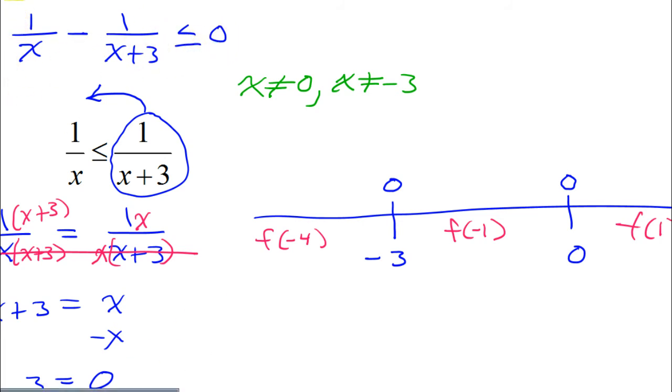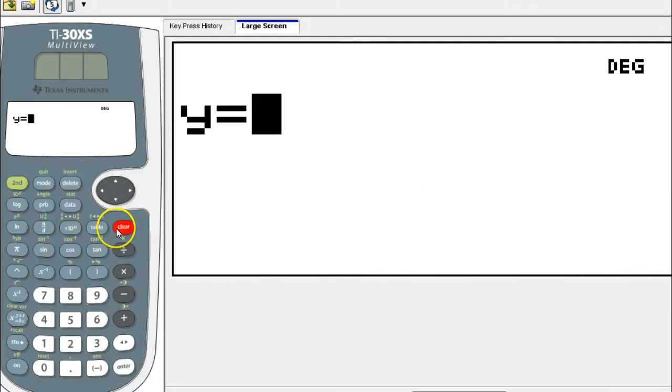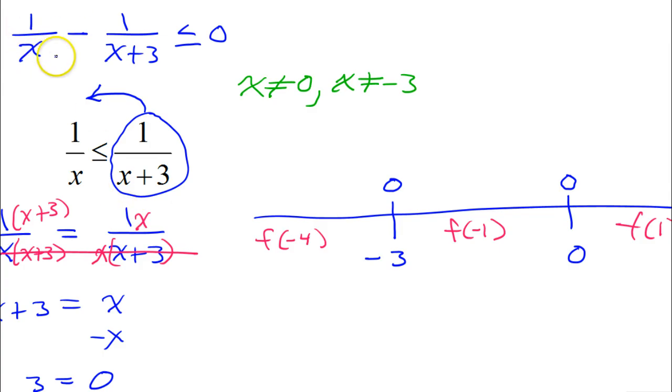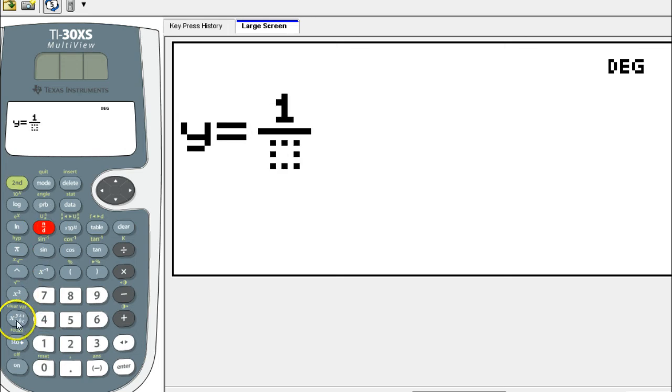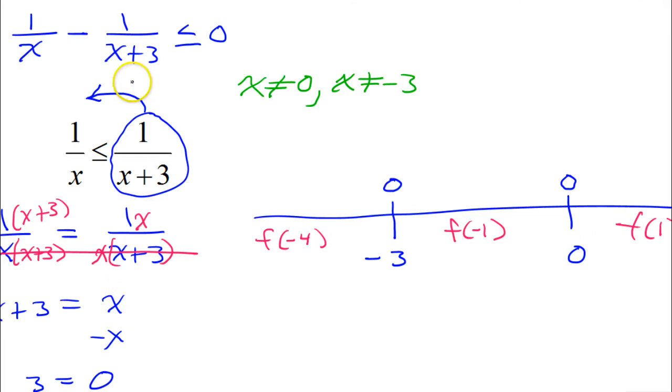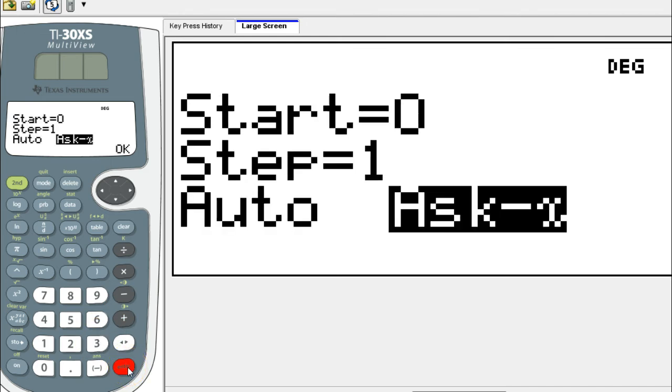So that's the trick. So in my calculator, in the table feature, I'm going to go 1 over x minus 1 over x plus 3. All right, make sure you're in Ask X mode.